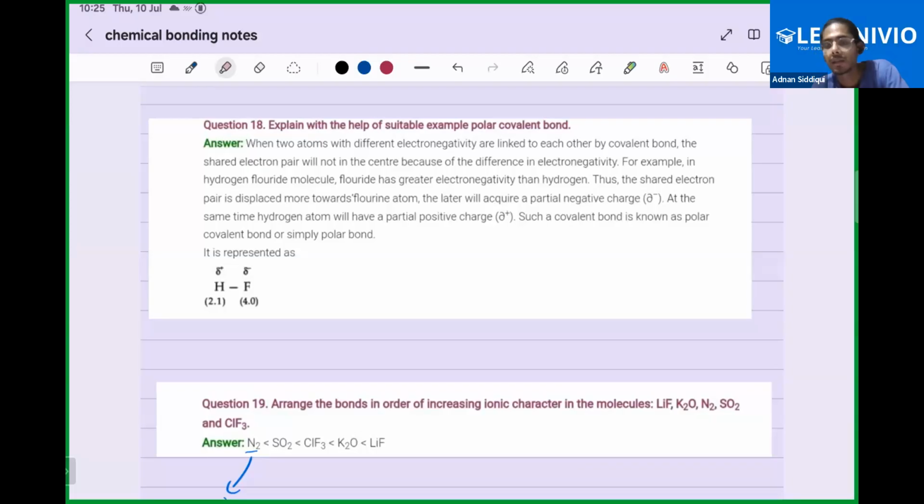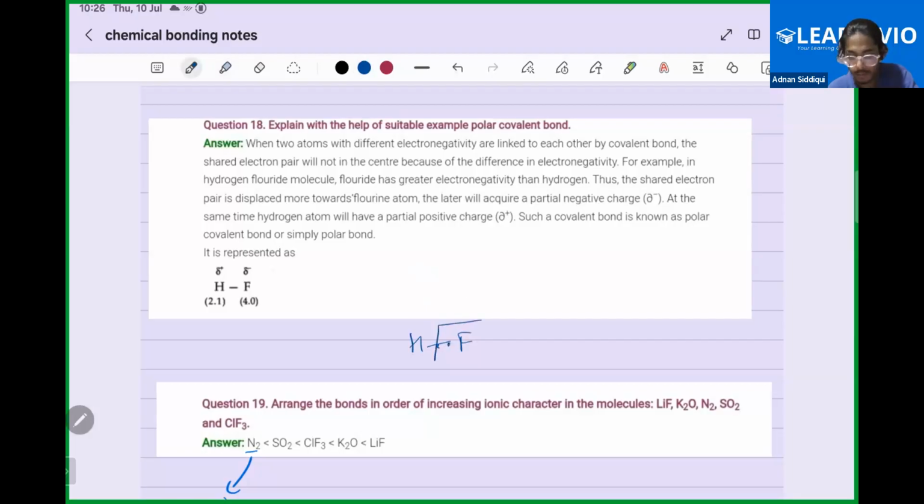Electron gain enthalpy is the tendency of gaining an electron, or you can say the energy released when you are adding an electron to an outermost shell. But what is electronegativity? Electronegativity is after the bond is formed. Once the bond is formed in this bonded molecule, it is the tendency of the electron cloud to be shifted.